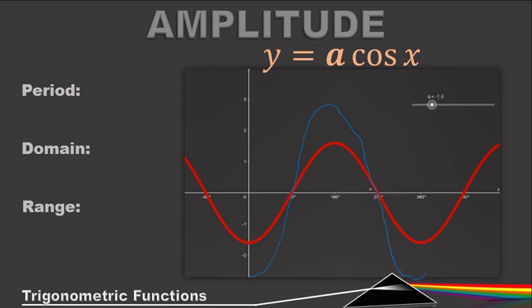Our period remained the same, it's still 360. The domain is also the same, x is still an element from 0 degrees up until 360 degrees. But if our A value is -3, it means it goes down to -3 and up to 3. So our range, y is an element from -3 up to 3. That's our new range now.